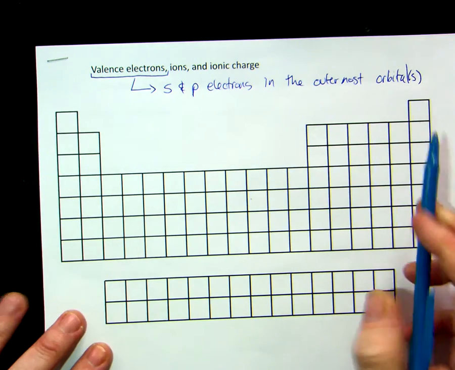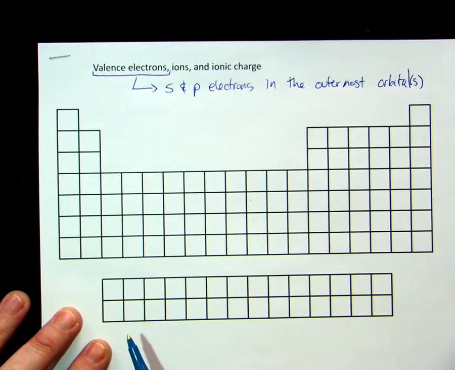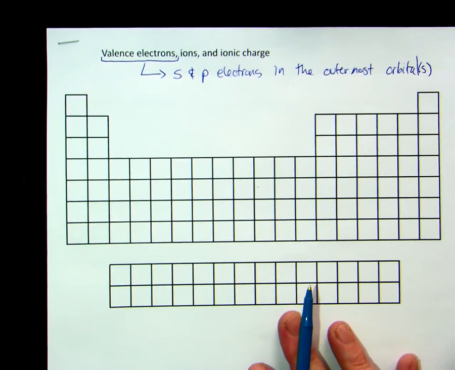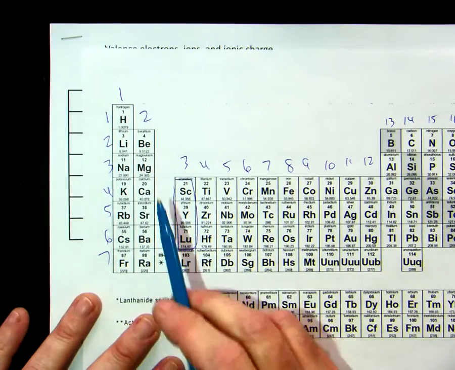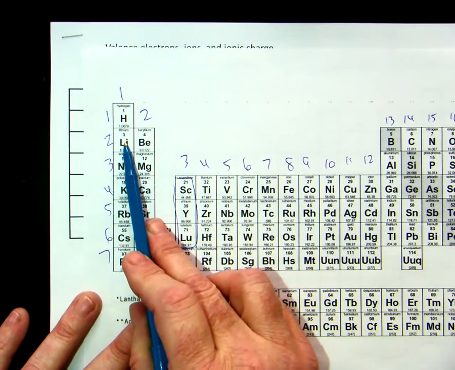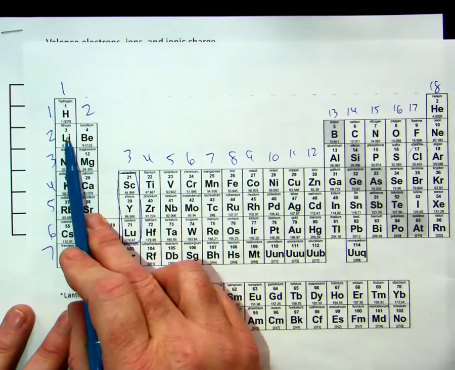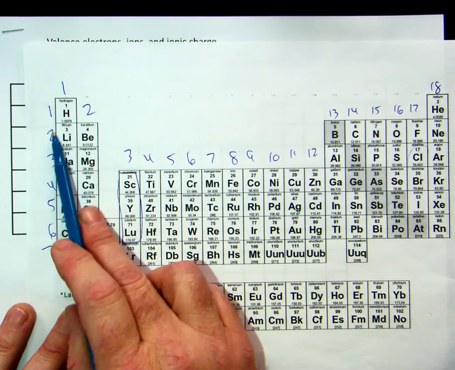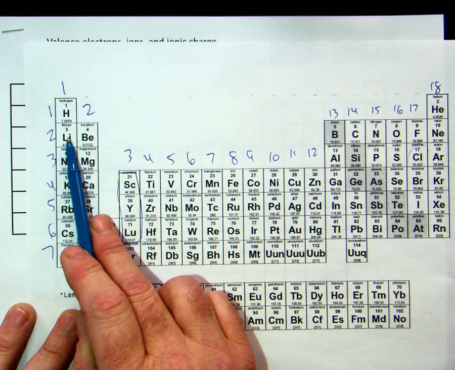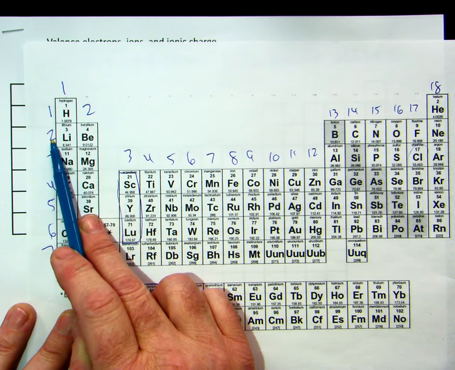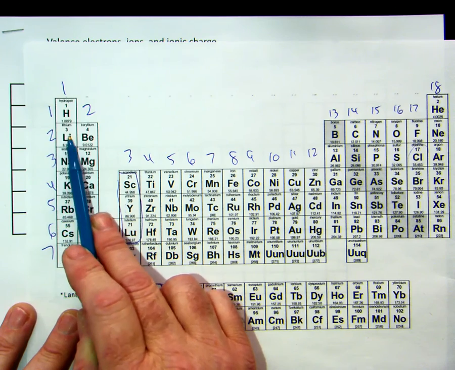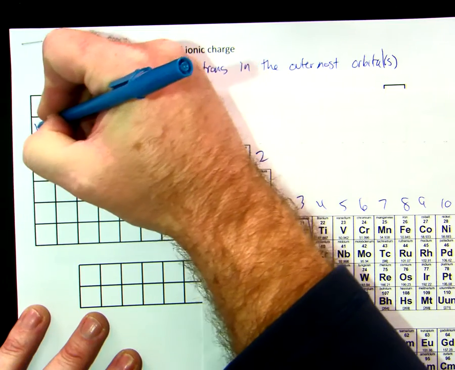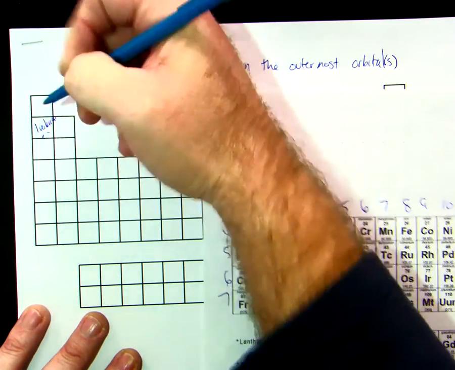A question might be, how many valence electrons would lithium have? You'd say, okay, that means the outermost electrons that are s and p electrons. The outermost electrons would be the ones in the last energy level. Lithium's in the second energy level, so it's second energy level electrons. It has a single outermost electron, and so lithium would have one valence electron.